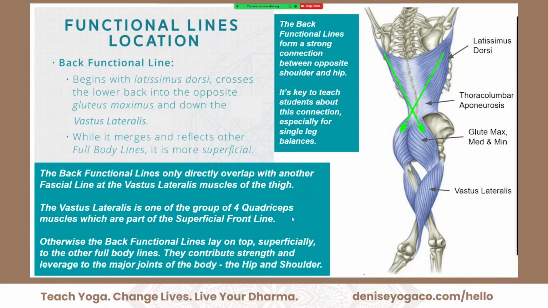All of our full body lines, especially the deep front line, all those structures are deep. But even the superficial back line, they have superficial in their name, but they have some very deep muscles as well, okay? And lateral lines are a bit more superficial. Spiral line, again, there's some deeper muscles in there too. But the functional lines, they're all superficial.